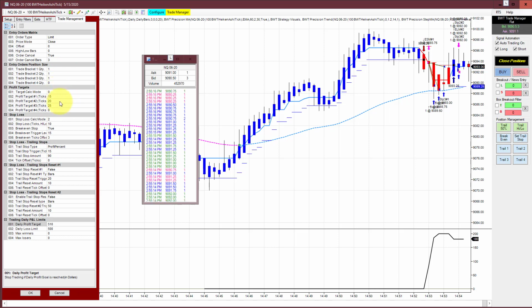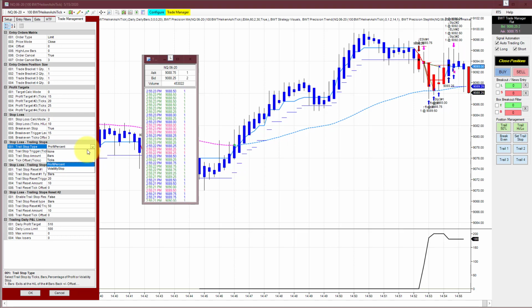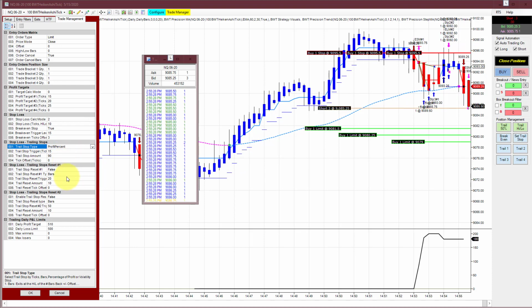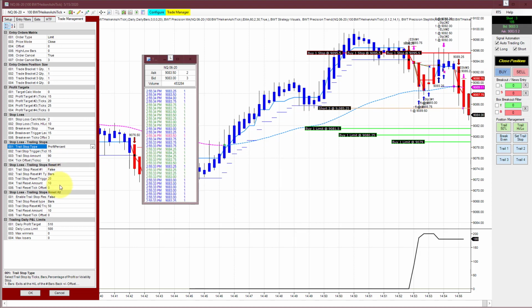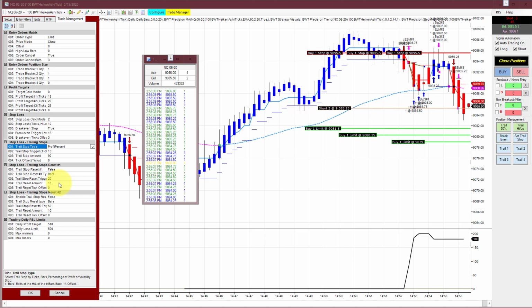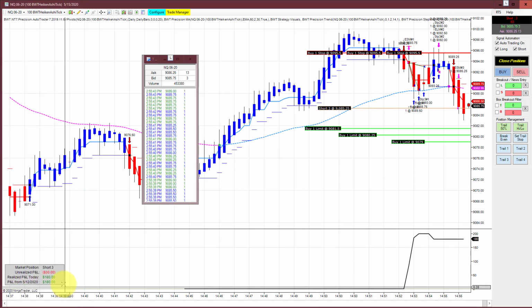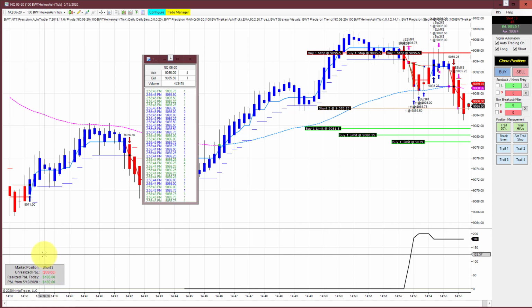But I think we could improve the money management here. Having a second tier when you hit, say, 20 ticks or 23 ticks, something like that. I'll have to think about that.